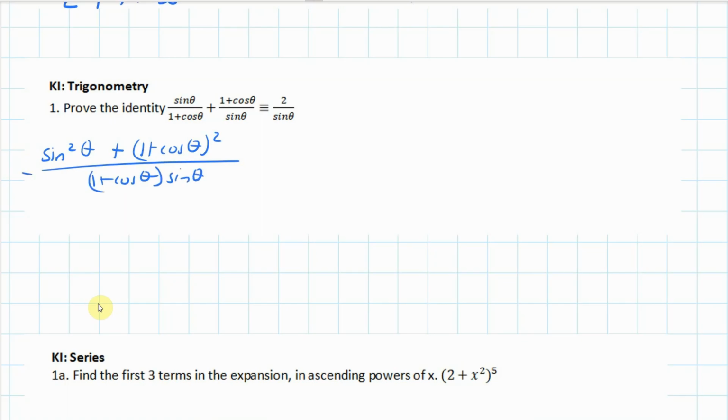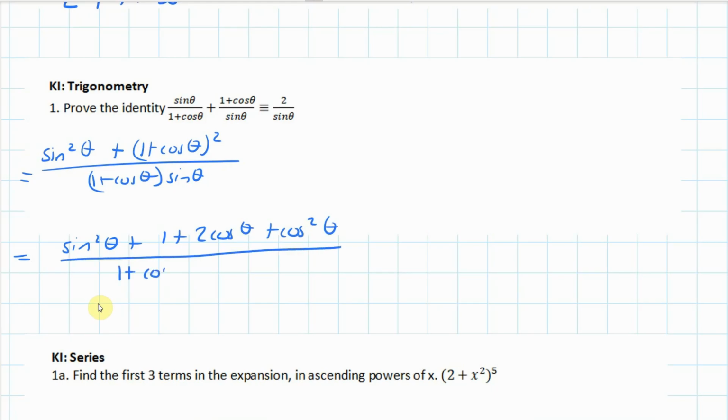Now my next line, I'm going to expand the top here. So I get 1 plus 2 cosine theta plus cosine squared theta all over 1 plus cosine theta, and then into sine theta.